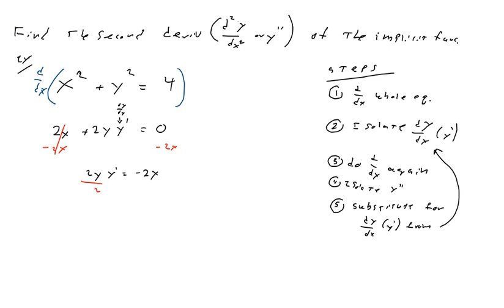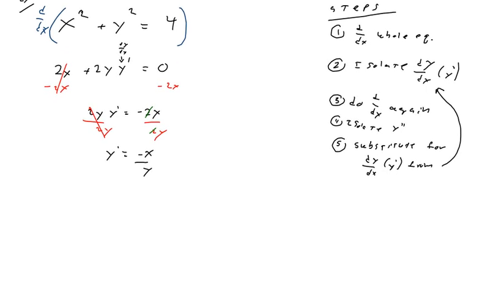Divide by 2y, divide by 2y. That cancels, and we have y prime equals negative 2x over 2y. The 2's cancel, so y prime equals negative x over y. Great. No problem.